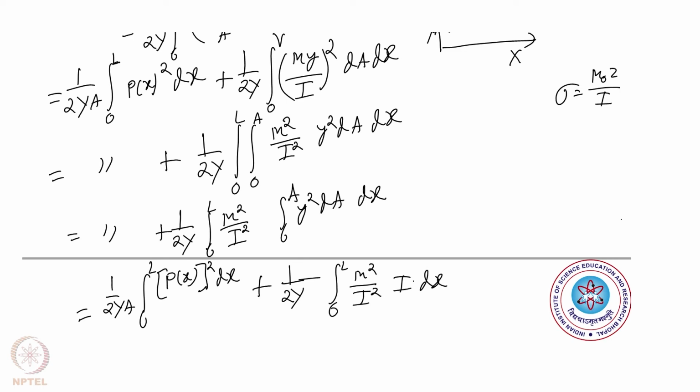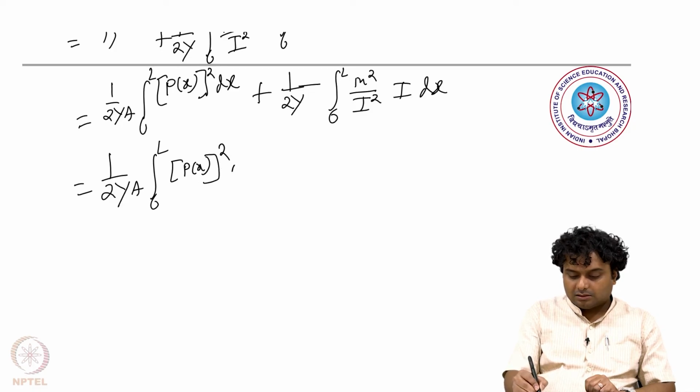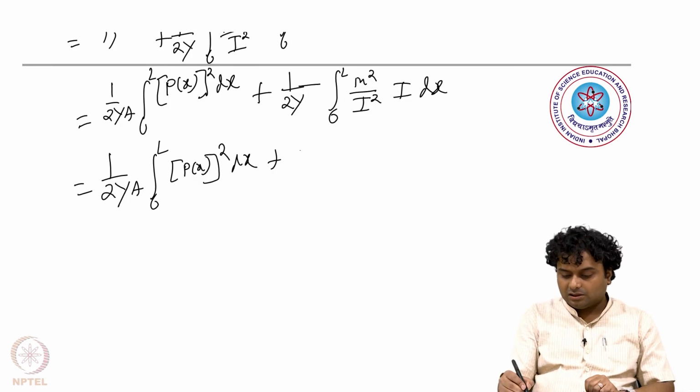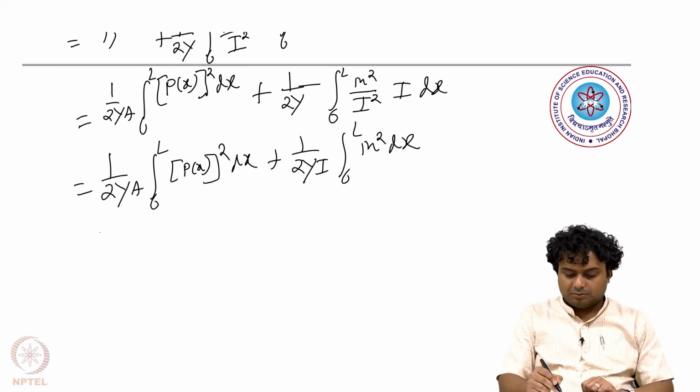So this I will cancel from numerator and denominator, and then we will get 1 by 2YA, 0 to L Px square dx plus, so I can take the I out because this is a constant, 1 by 2YI, 0 to L M square dx.